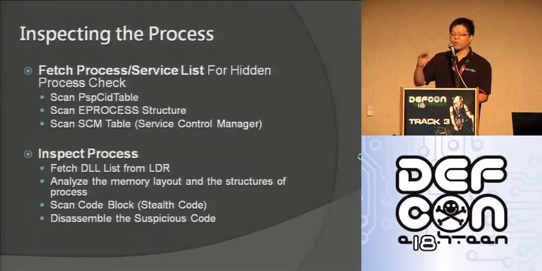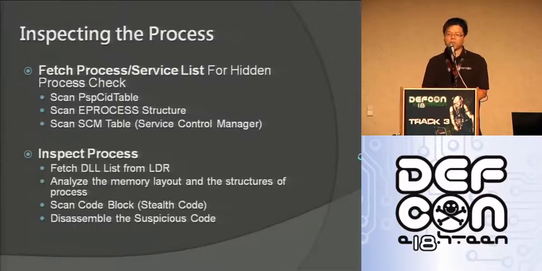And among the three aspects, we will further explain how we study the memory layout, because this one is the hardest to work with. To study the memory layout, first we have to identify which process is suspicious. The way we identify this is we first fetch the process and service list, and then we compare it against the process list that is already inside the system.